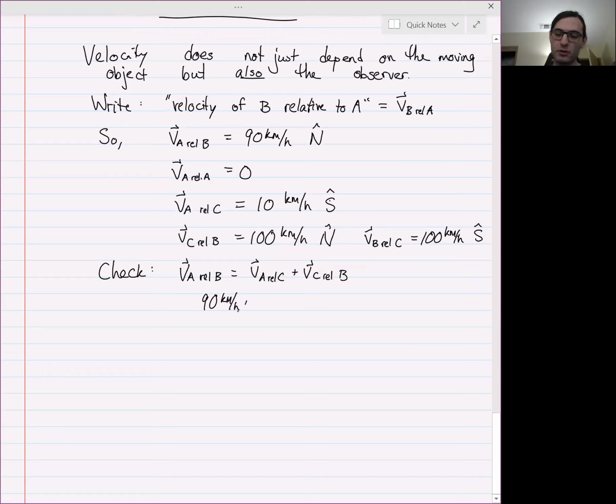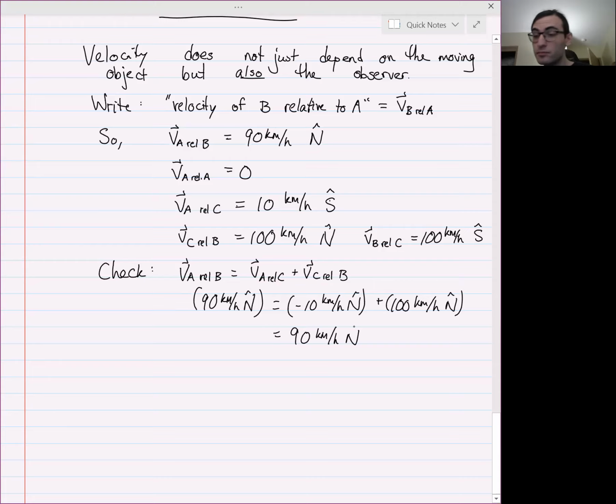On the right-hand side, A relative to C is minus 10 kilometers per hour north, because that's the same as 10 kilometers per hour south, plus 100 kilometers per hour north. And that is just 90 kilometers per hour north. So it checks out.